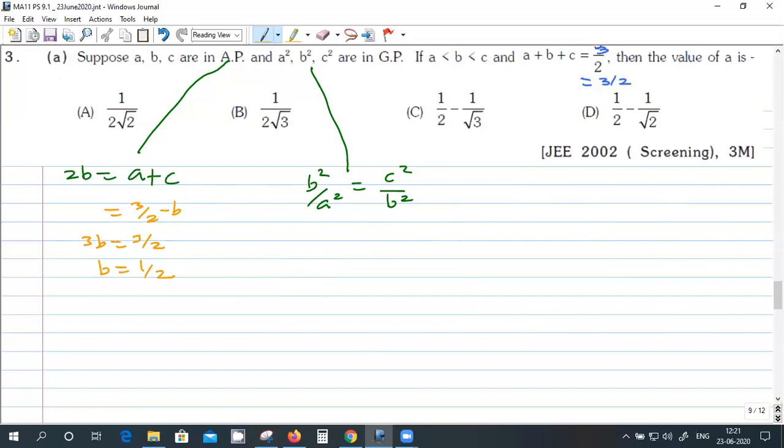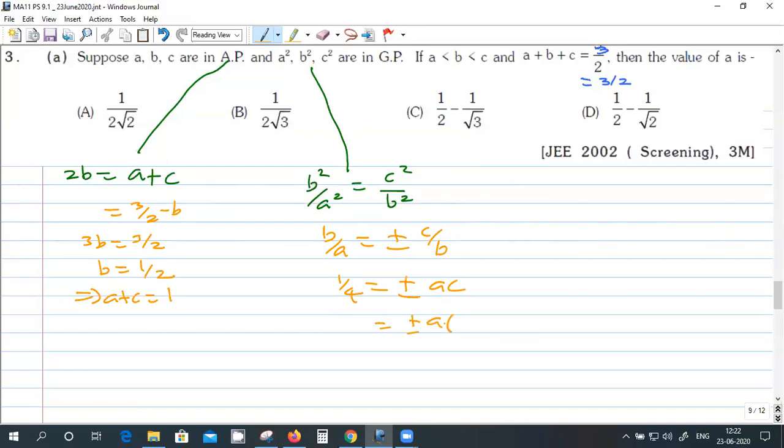So from here I'll get B by A as plus or minus C by B. One by four is plus or minus AC. B is half, so from this I'll get A plus C as 1.